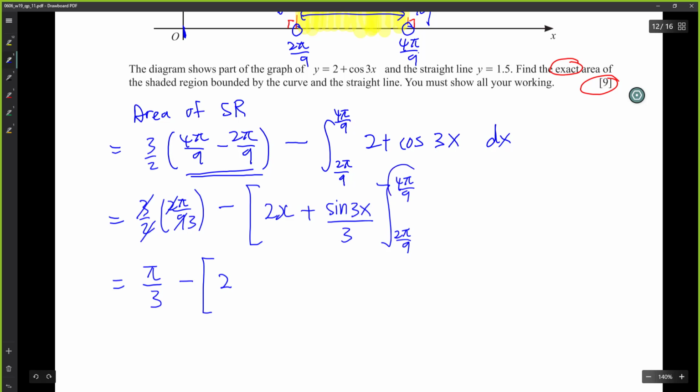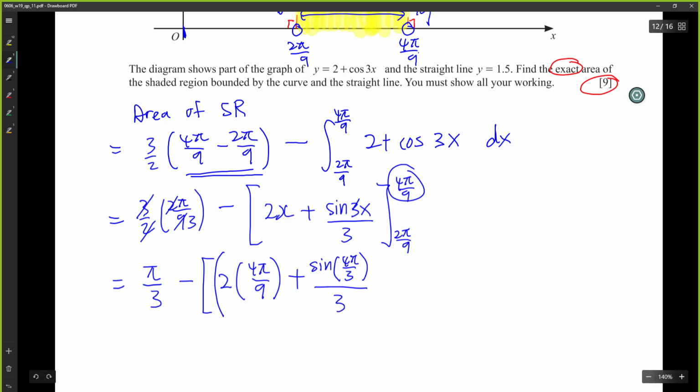So I sub the top first, 4 pi over 9 plus sine. This one I will simplify straight away, because after I sub in I can cut the 3 and 9. After I cut the 3 and 9 here, you can see basically I get 4 pi over 3, so that I no need to type so many things in my calculator at once. Over 3.